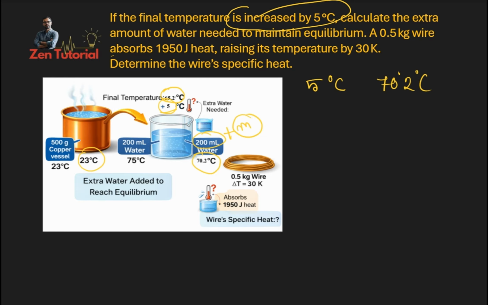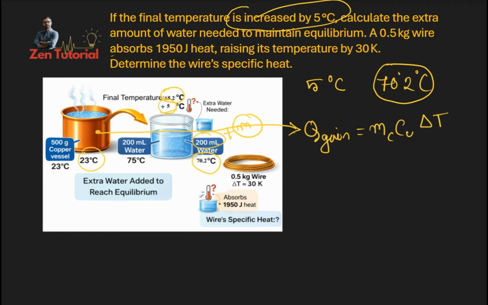Now the heat loss and the heat gain. So this is the final temperature, by the way, again. So the container or the vessel heat gain is equal to m c delta theta.